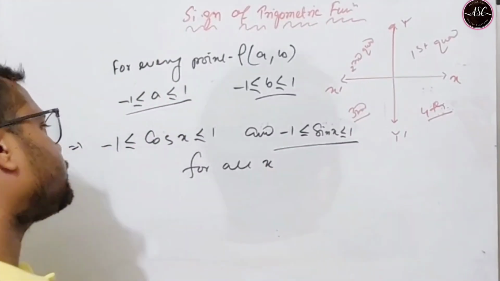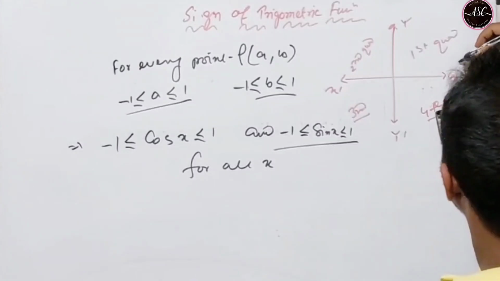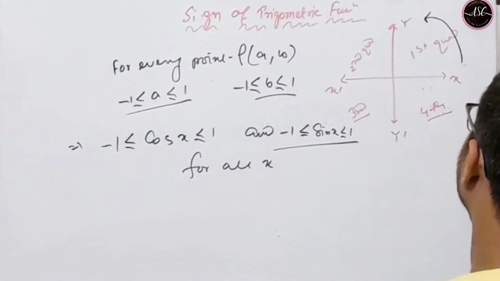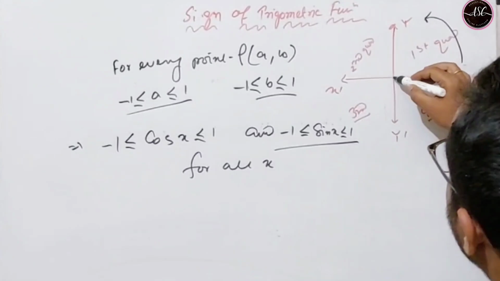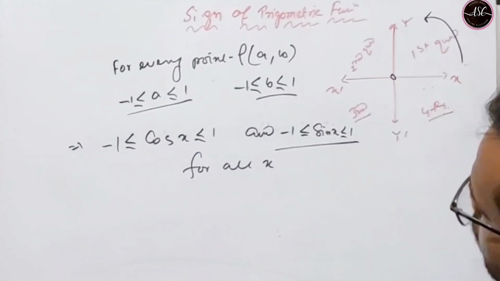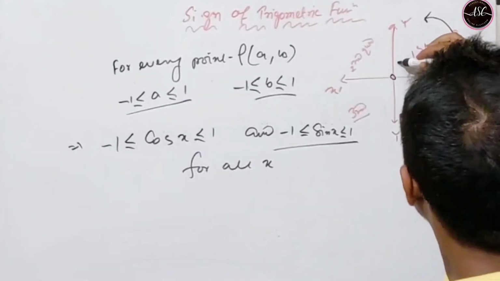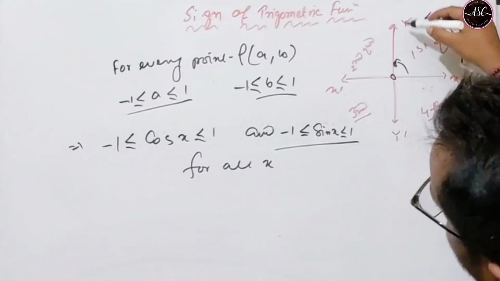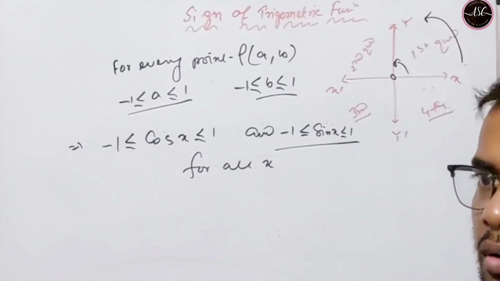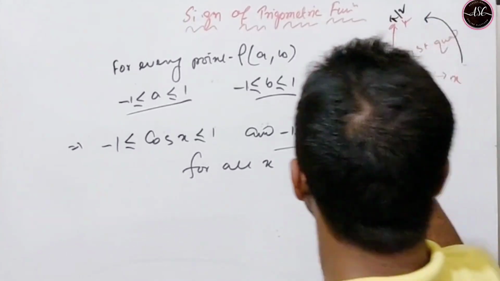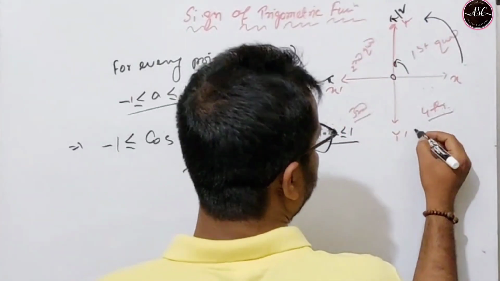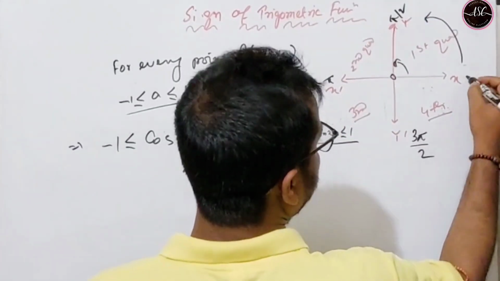Okay. Here, if the ray is rotating anticlockwise, then the angle up to y is up to pi by 2, this is up to pi, this is up to 3 pi by 2 and this is up to 2 pi.